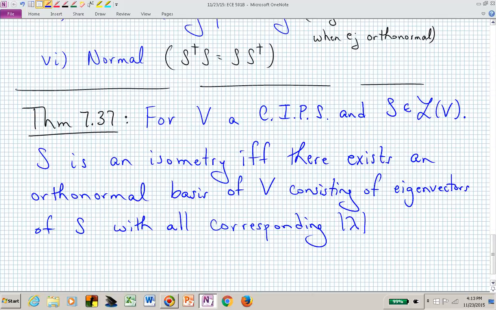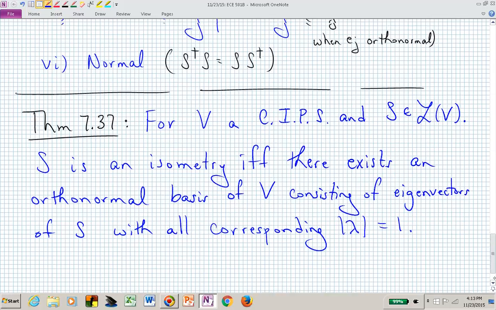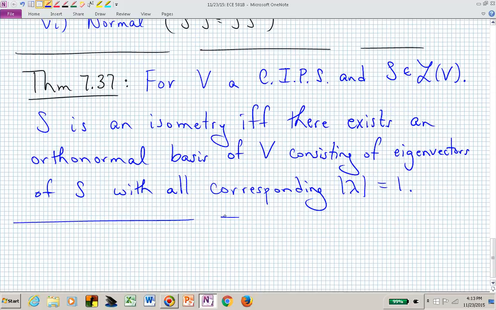I'm just going to say the magnitude of lambda sub i equals 1. The last time we actually showed B implies A, meaning if we start with this orthonormal basis of eigenvectors of S with all of those eigenvalues having a magnitude of 1, then that gives us an isometry.